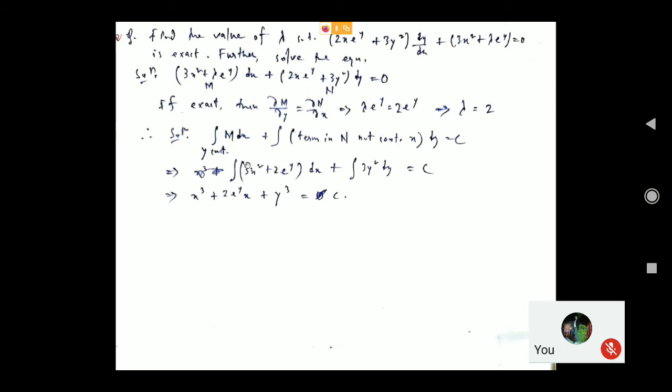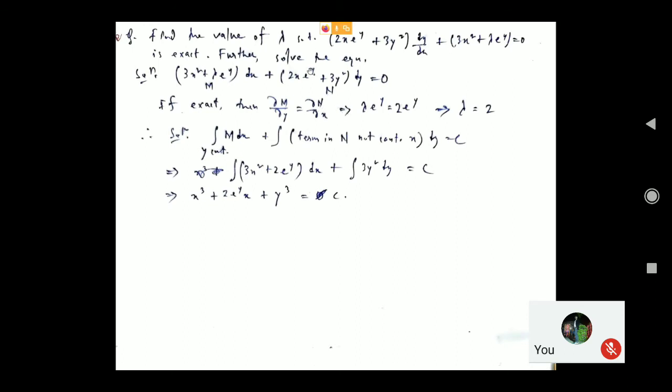Okay. So what we are doing, it is of this form m dx plus n dy equal to 0. So we will check the condition for exactness. Condition of exactness is this, del m del y equal to del n del x. So del m del y means if we are differentiating this with respect to y, this term becomes 0, lambda into e to the power y.